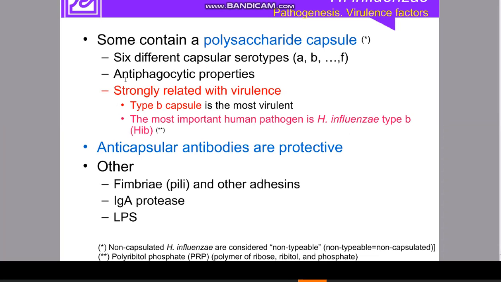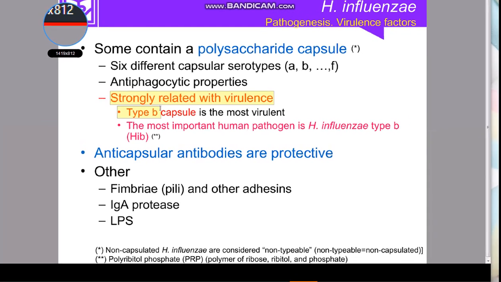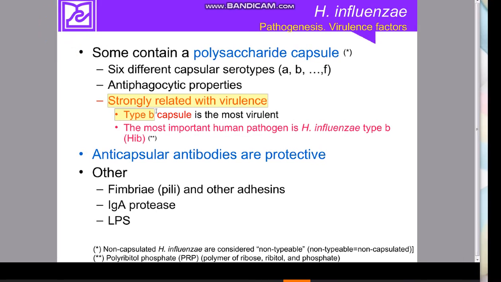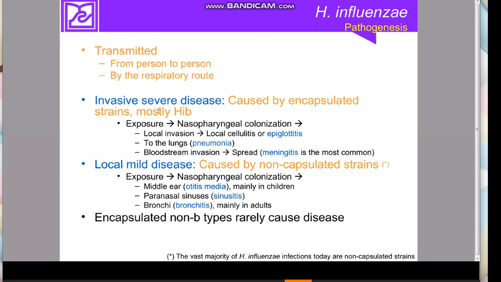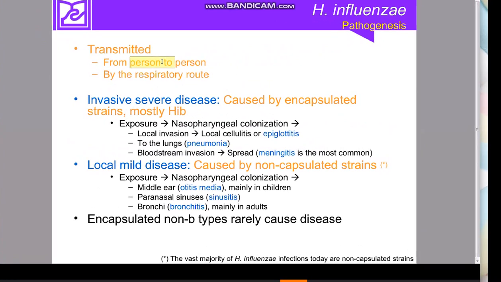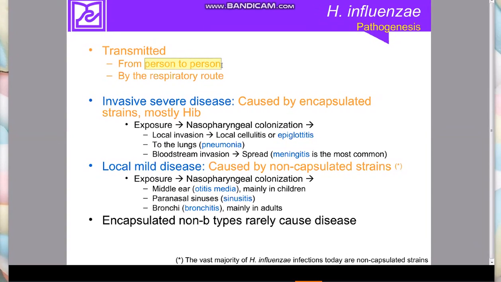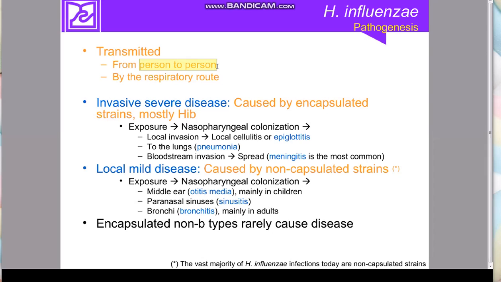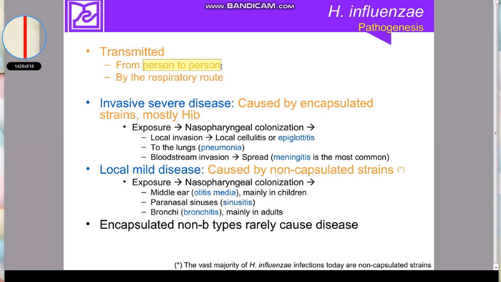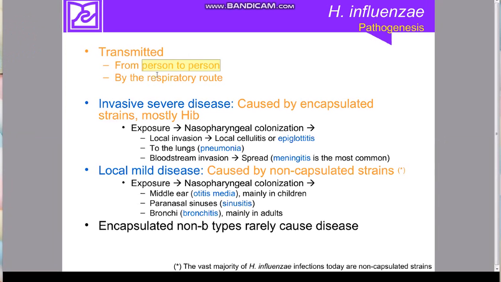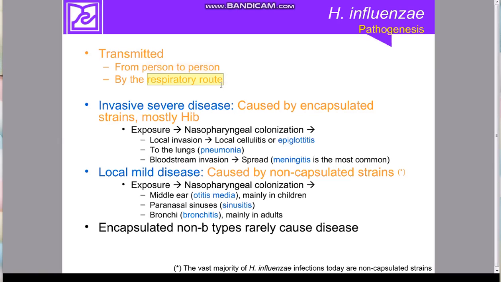The most important one is Haemophilus influenzae with the capsule type B. Transmitted from person to person through droplets. So what about the diseases? Exposure is through droplets, through the respiratory route.